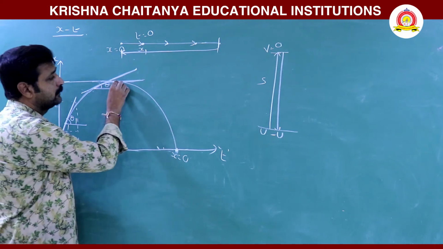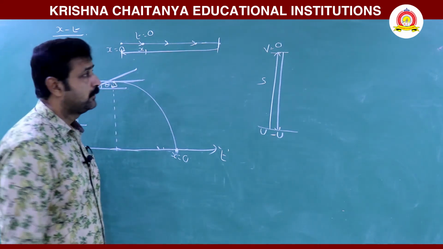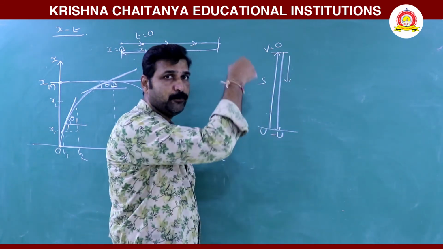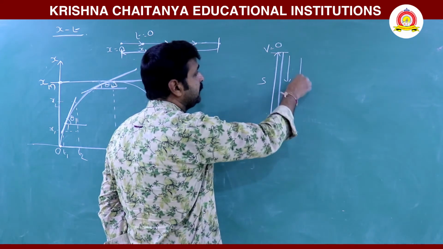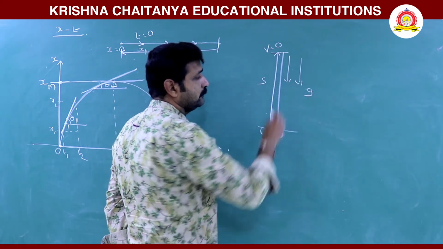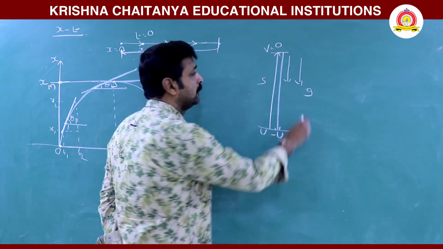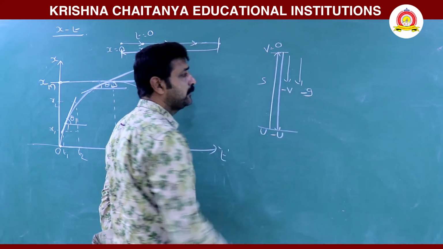Now again it comes down. When it is coming down, velocity increases in the opposite direction. Acceleration due to gravity is also in this direction, but downward directions are taken as negative. So this is minus g and here velocity is also negative.